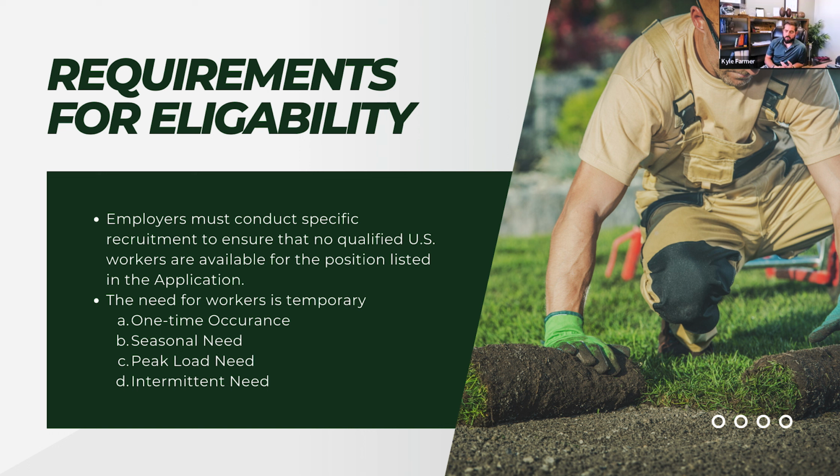Make sure it also has your correct anticipated hours, correct overtime wage rate, the working conditions, and the correct job occupation and job duties that the people are going to be performing. Those are all very important because you want to properly advise prospective U.S. applicants about what the job actually entails.